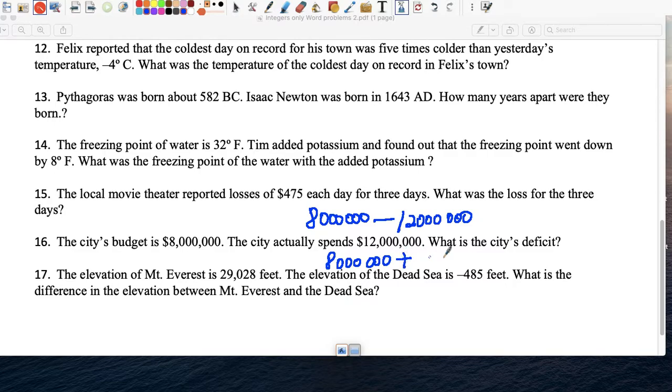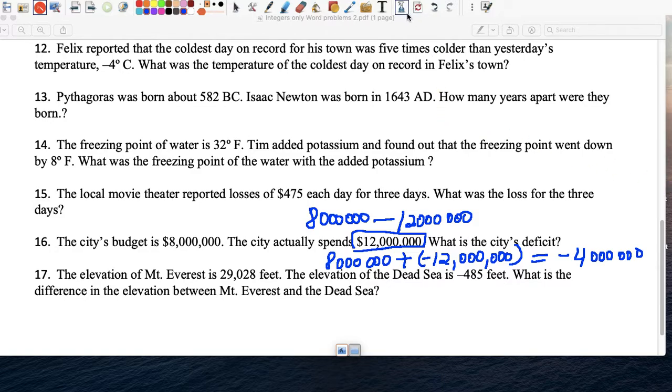And to that, I'm going to add this much. But that much is a negative number, right? Because that's how much spending, how much debt I just incurred. So where am I right now? Well, if I had $8 million and I spent $12 million, I owe someone $4 million. Yikes.